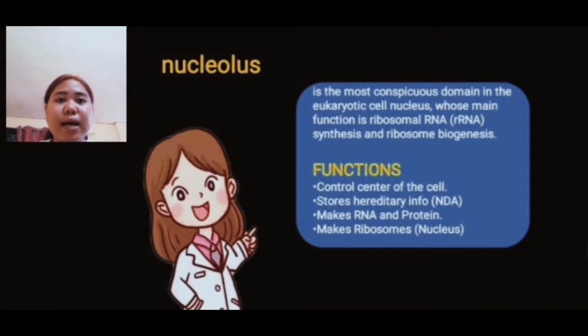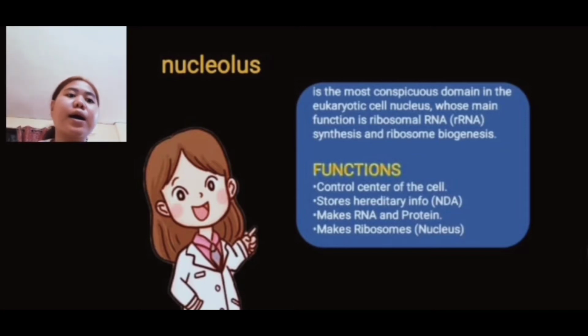If the nucleus didn't exist, the cell wouldn't have direction, and the nucleolus inside it wouldn't be able to produce ribosomes.